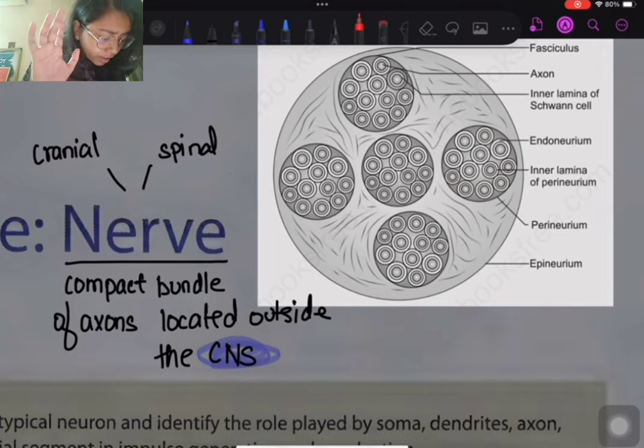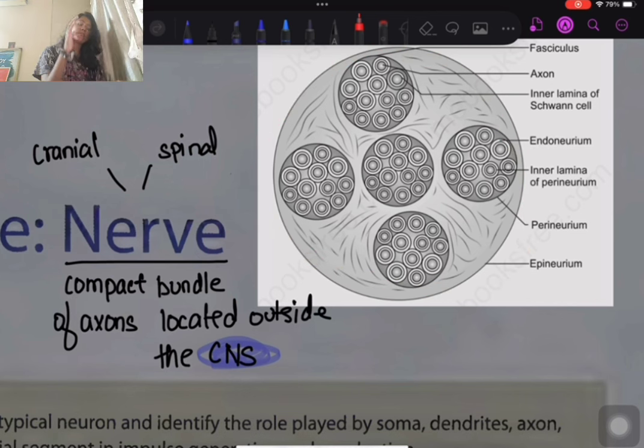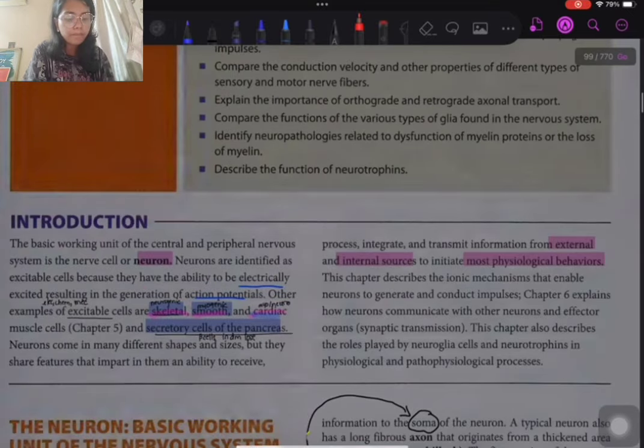Those will be covered by perineurium, and many such fascicles will accumulate, and that whole thing will be covered by epineurium. So it is endo, peri, epi. Endoneurium, single nerve fiber. Perineurium for one fascicle, and epineurium for many fascicles, okay?